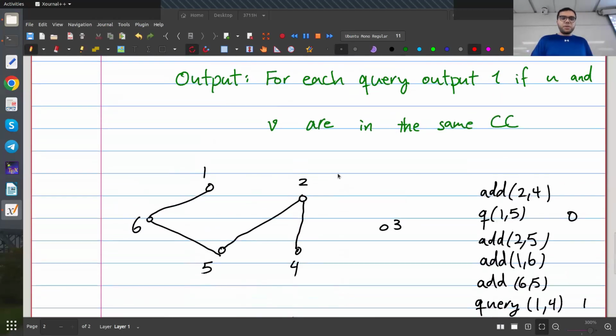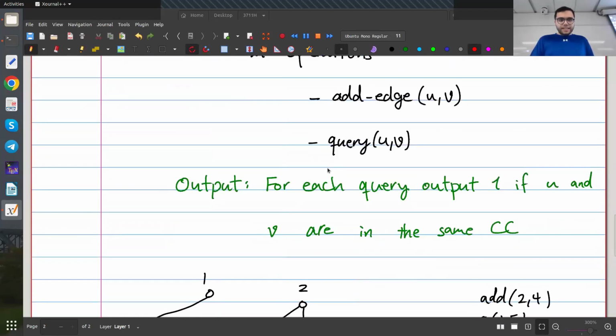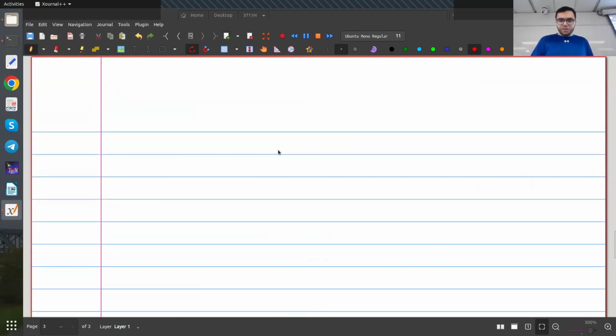Now, to do it faster, I'm going to look at this problem as kind of a different formulation, but you will see that the two formulations are obviously the same. So here's the other formulation. I can say my input initially consists of n elements, and each element is in its own group or its own set.